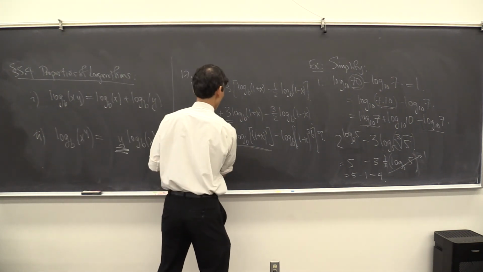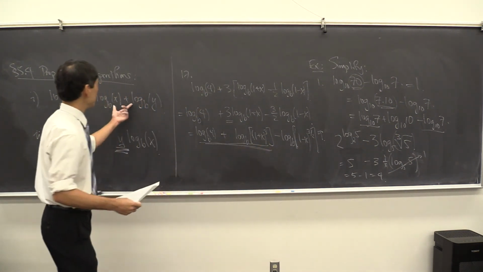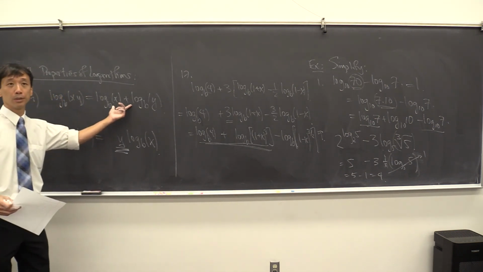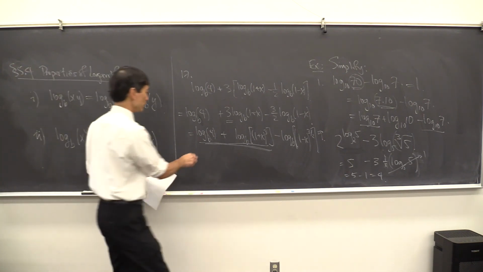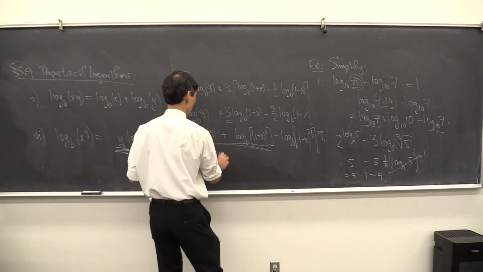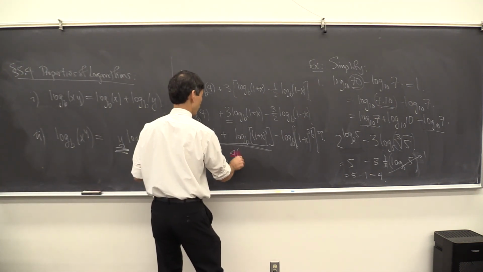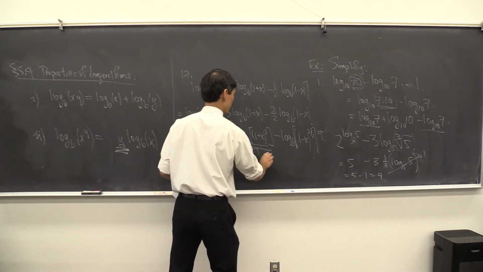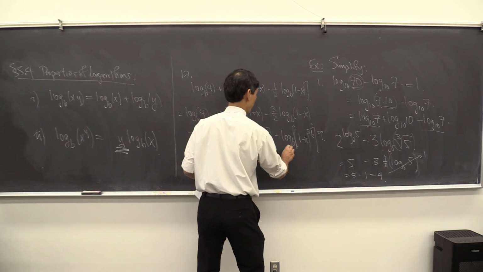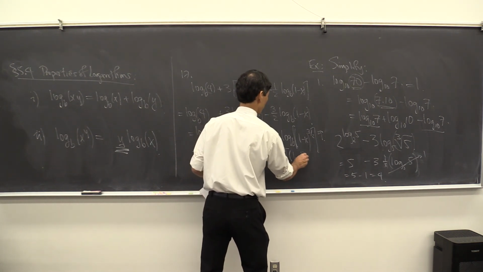Now I've got a sum here. I'm going to use this in reverse: sum of logs is the log of the product. So this is going to be log of the product 4 times 1 plus x quantity cubed. And then I've got minus log base b of 1 minus x to the 3/2.